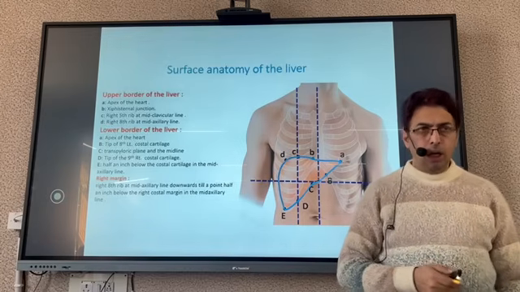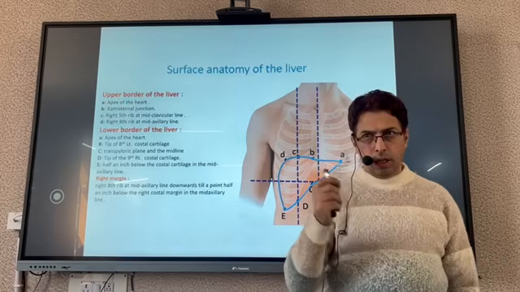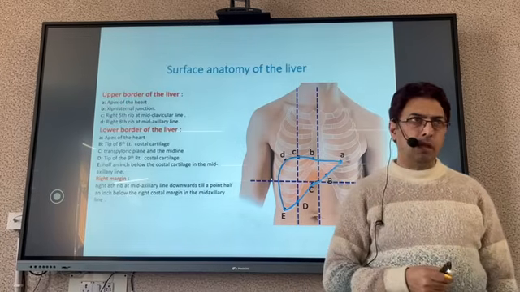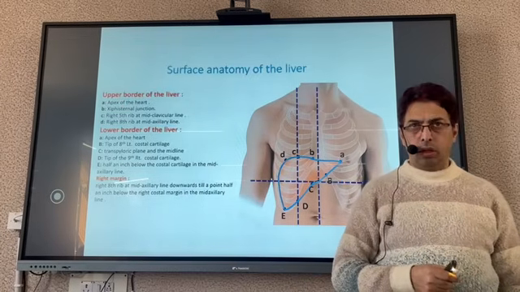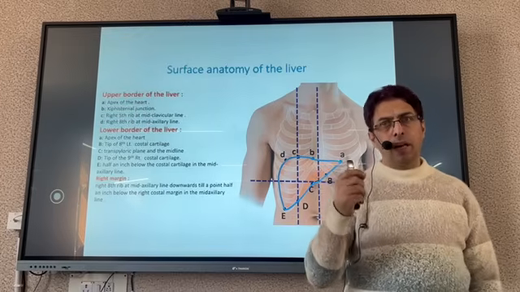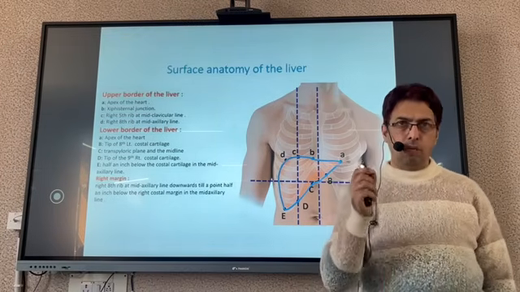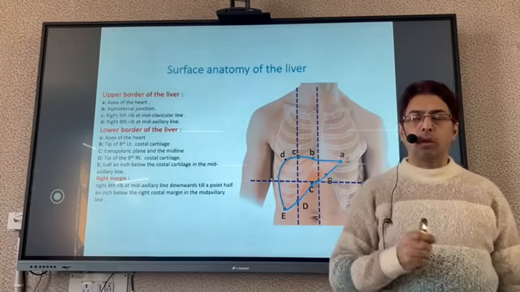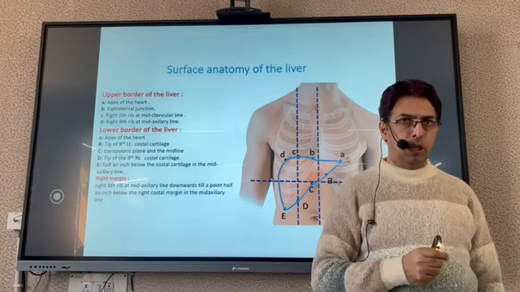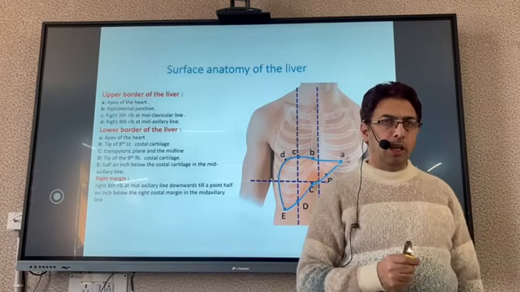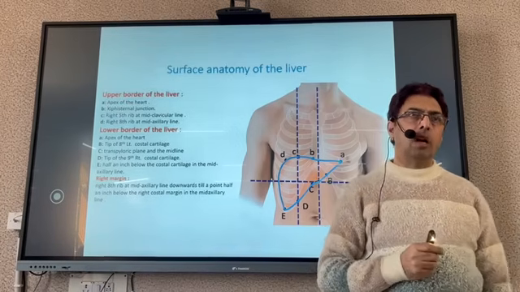Now, first of all, about any organ, you have to remember the dimensions of the organ, the weight, wherever applicable. As far as the liver is concerned, I have told you about the quadrants of the abdomen, isn't it? We divide the abdomen into 9 quadrants, and where does the liver lie?